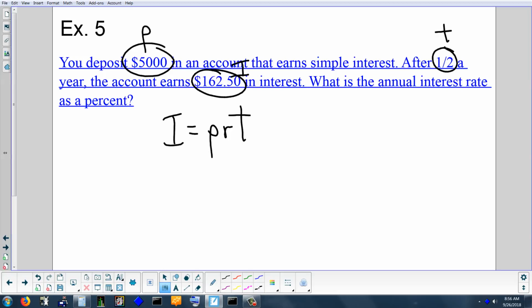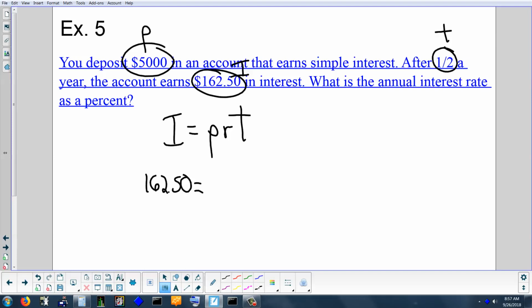So now I know what I can plug in. I want to use the same exact formula and just plug in numbers. Here's my equal sign. On the left, what number am I going to put? 162.50. Yep, that tells me the interest.